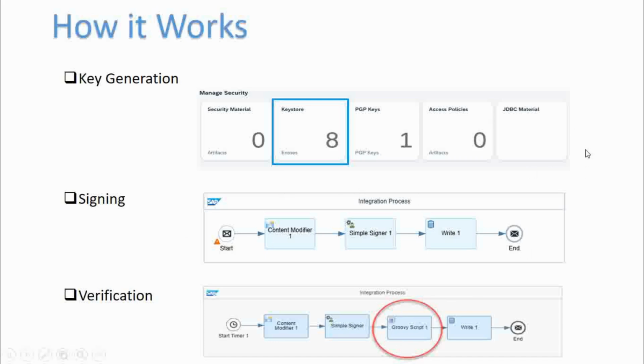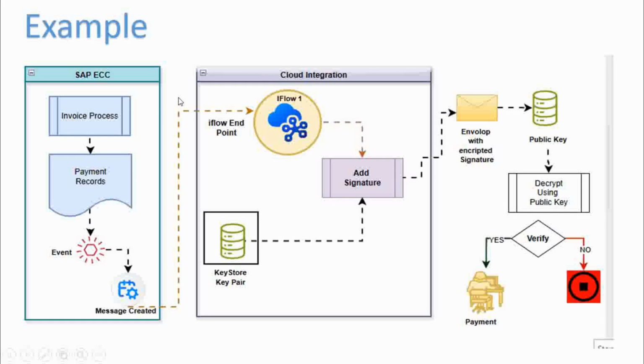Okay. Now let us take one example. Assume that you are going to send some invoice processing records for payment from the source system. The source system will have invoice processing. It will create payment records in the form of XML or JSON that contain the bank information, beneficiary names, everything, right? So that will be pushed to the iFlow.